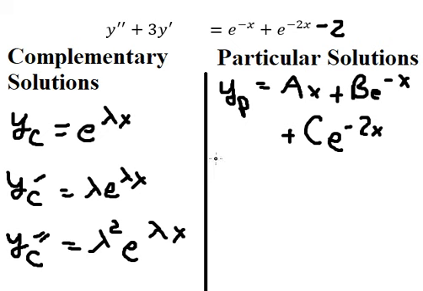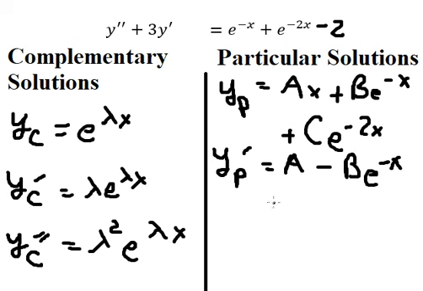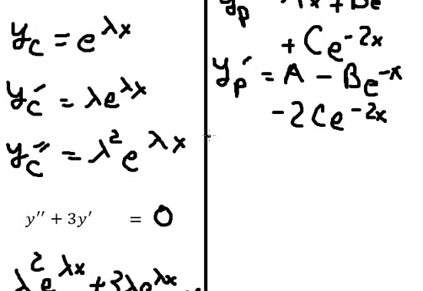Later we need to do the first derivative of yb, so we have a minus b e to the power of negative s and negative 2c e to the power of negative 2s, and then the second derivative of yb. This one you got 0.